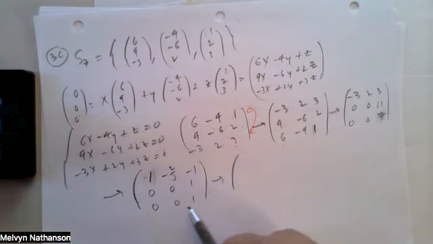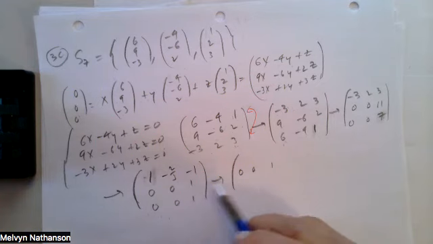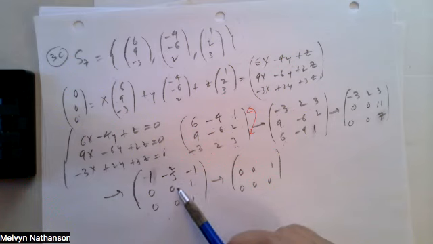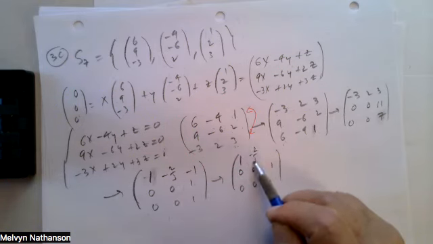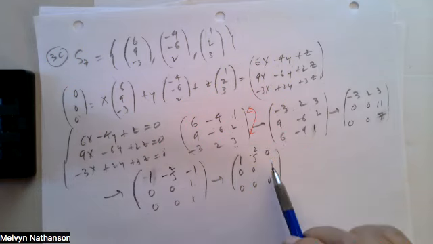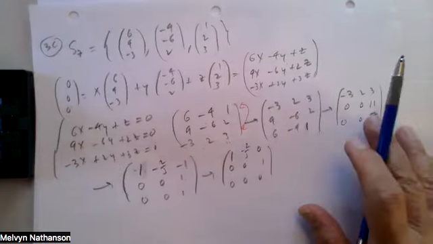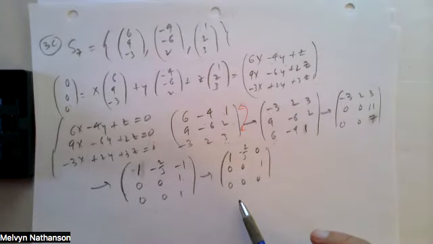And if I take the third row minus the second row, I get 0, 0, 0. If I add the second row to the third row, I get 1, minus 2/3, 0. So, you can do this any way you like, but at this point, you have to know how to put a matrix in reduced row echelon form.